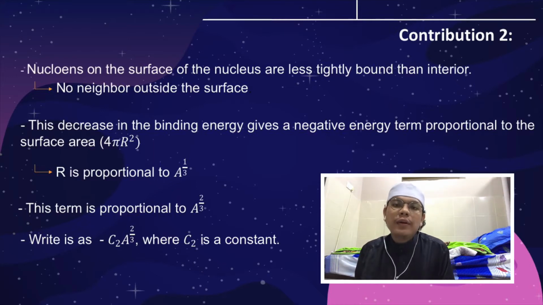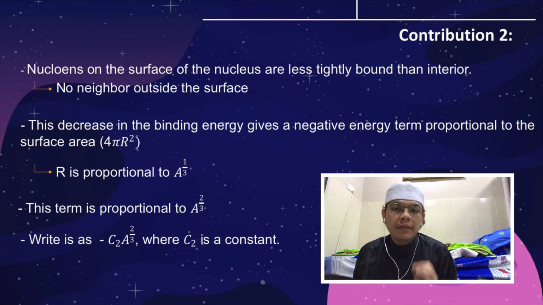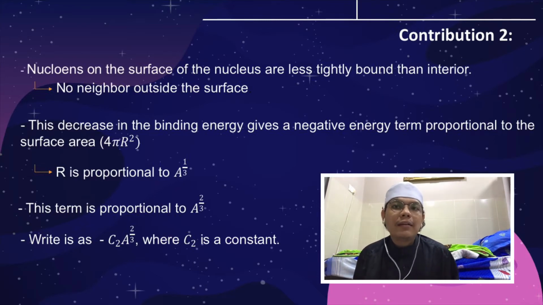As we know, it is 4 pi r squared. This is because r is proportional to A to the power of 1 over 3, where A is the mass number. This term is proportional to A to the power of 2 over 3. We write it as negative C2, as we can see there, where C2 is another constant.